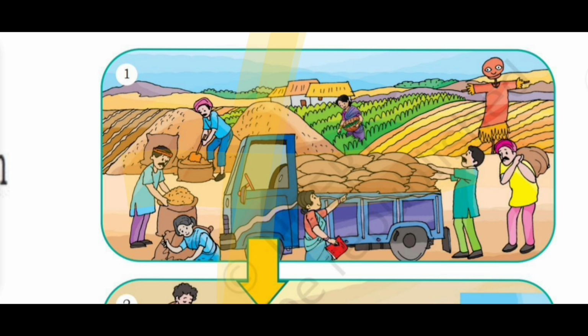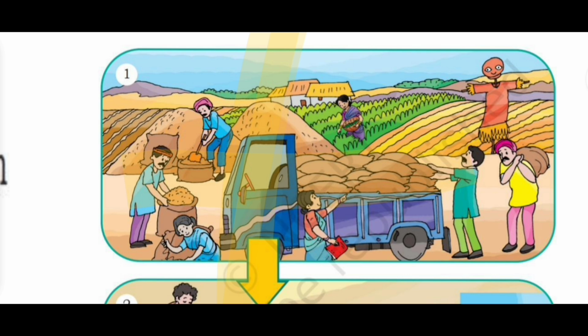This man is filling it in this sack. If we go further, you can see this man over here. What is he doing? He is packing the wheat. Why is he packing the wheat? After he packs the wheat, he is going to pass it on to this lady so that she can sew it. Sew it, matlab stitch it. Can you see this needle and thread in her hand? She is stitching the bags of wheat, the sacks of wheat.